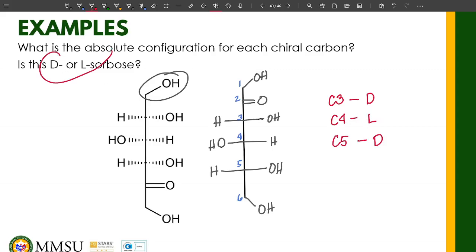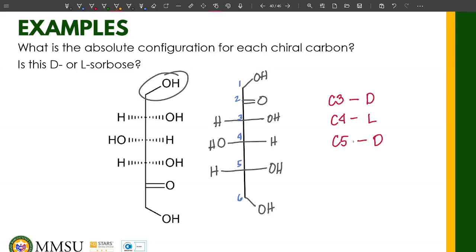And then, next question: is it D or L? So, our point of interest is the chiral carbon farthest from the most oxidized carbon, or the chiral carbon bearing the highest number.